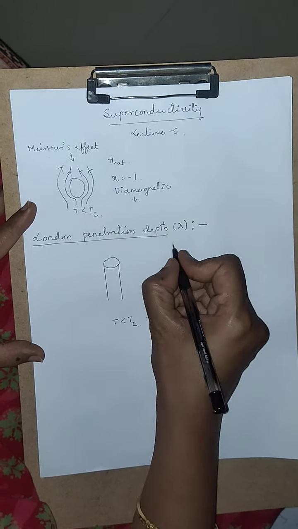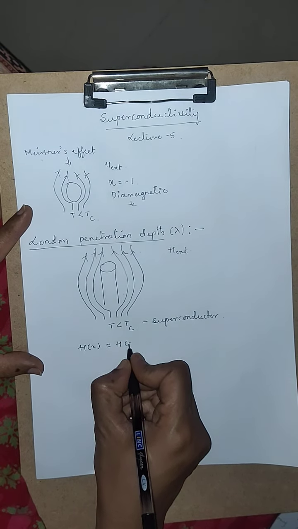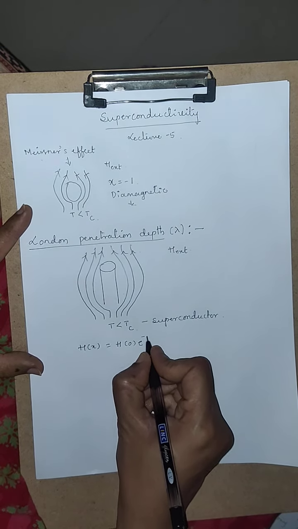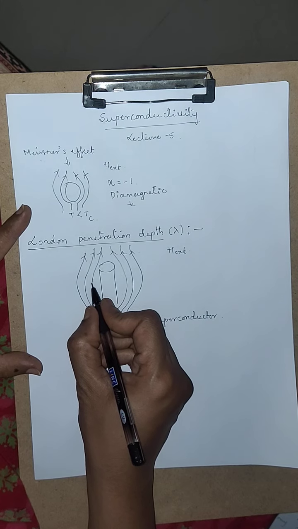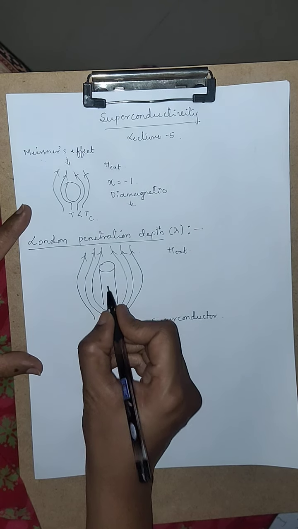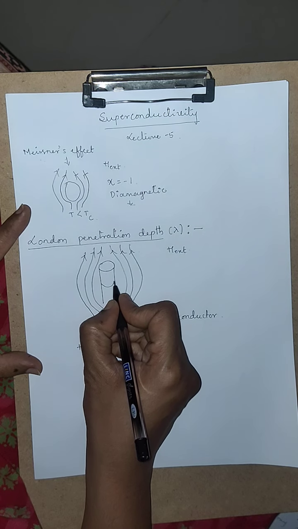Now, how this flux expulsion takes place from the interior of the body is according to the formula H of x is equal to H of 0 into e raised to minus x divided by lambda. We mean to say that the flux expulsion from the interior of the body takes place in an exponential manner.